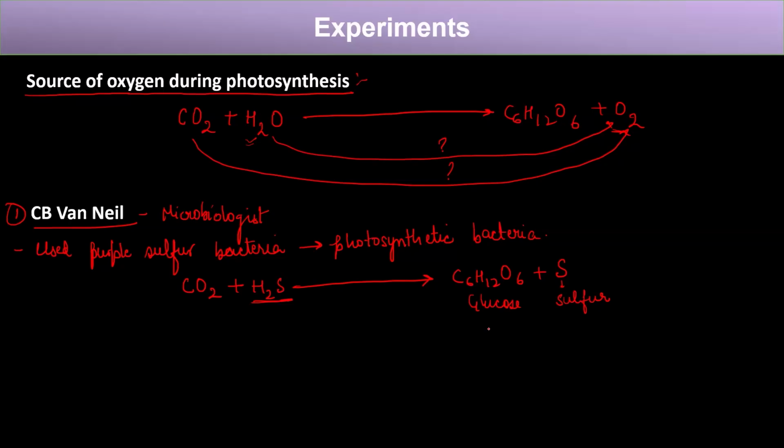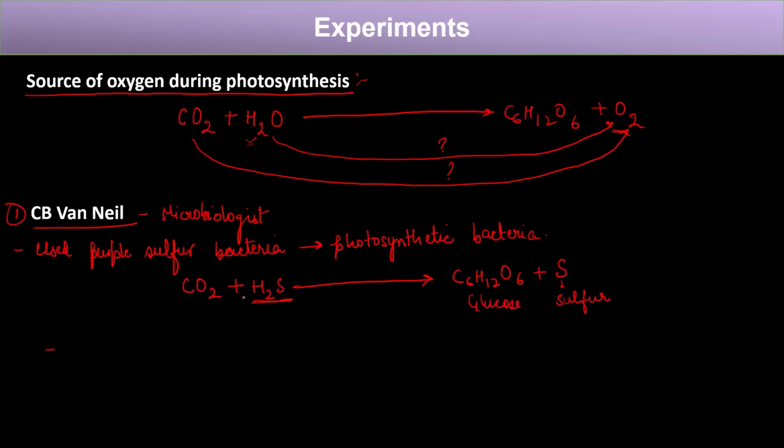So from this, it was proven, because in this case, when instead of H2O, H2S was used, it was found that the byproduct is sulfur. So it was concluded that the oxygen that is forming as a byproduct during photosynthesis is coming from the water molecule instead of carbon dioxide, right?